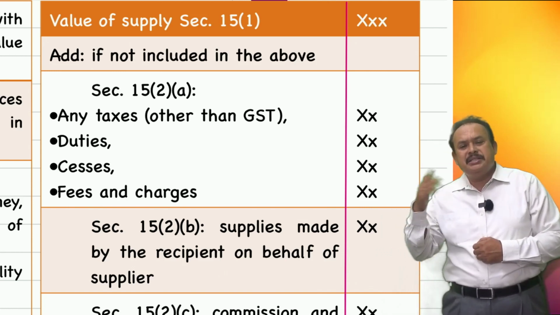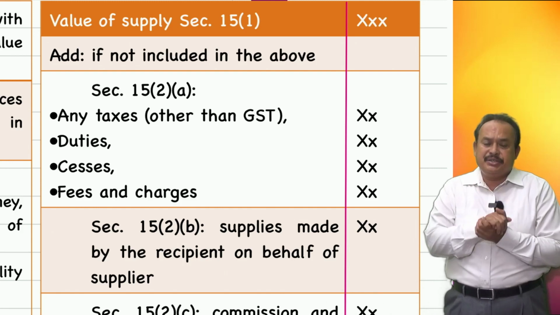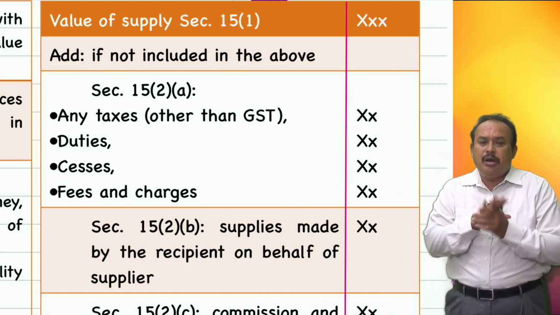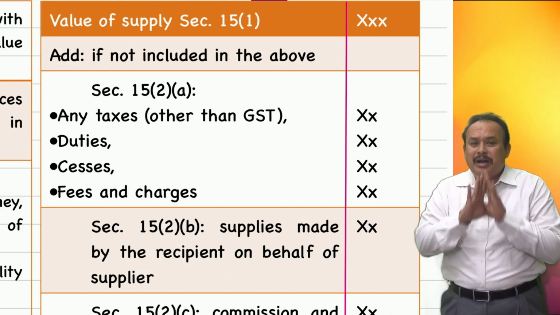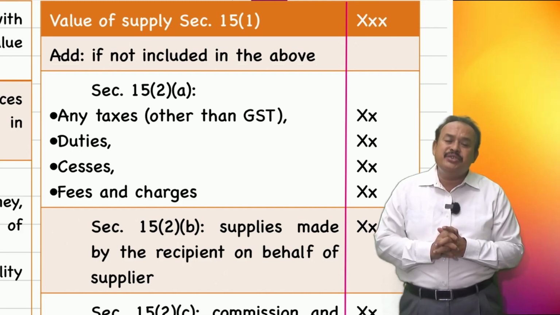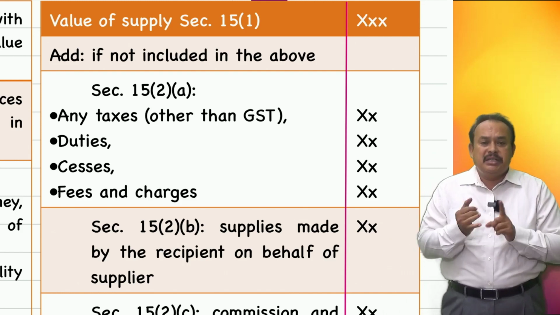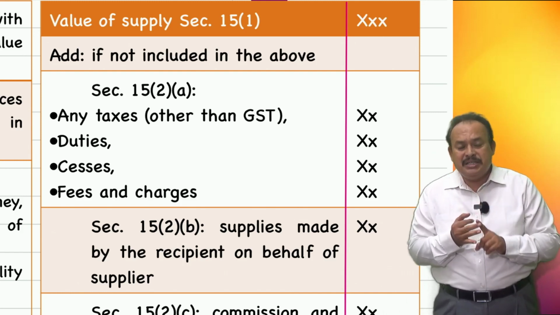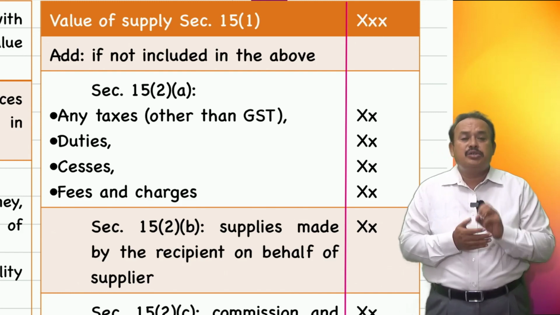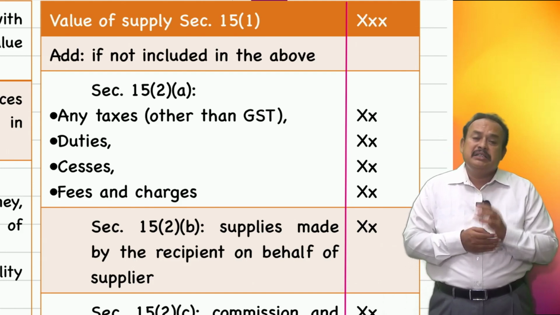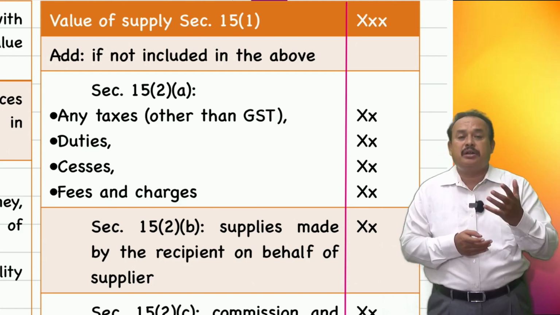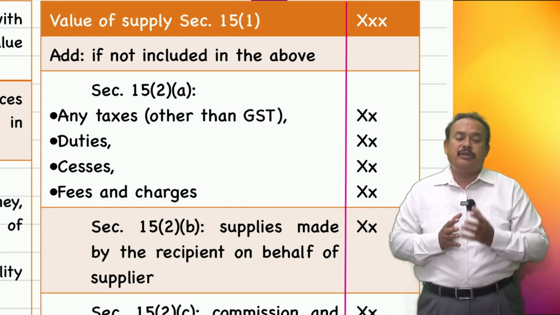Likewise, duties, cess, fees, any other charges. Now, what is not addable here means GST taxes. CGST, SGST, UTGST, IGST should not be added. GST compensation cess also should not be added in the value of supply.